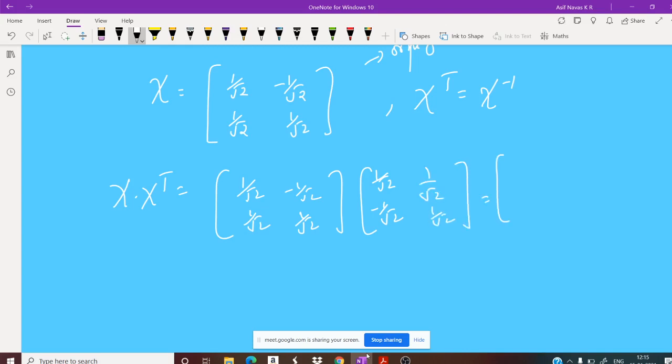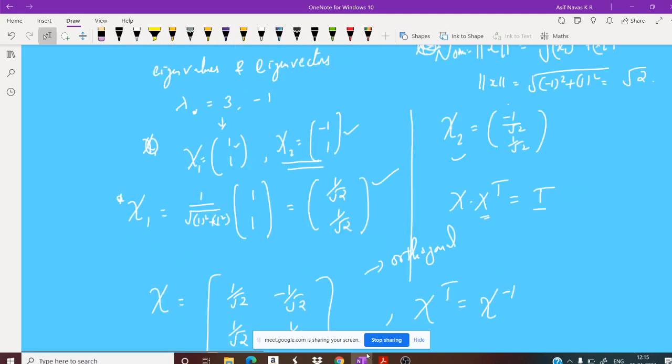If you multiply this, you get 1, 0, 0, 1. Therefore, X transpose is equal to X inverse. So have we got it? Is it clear this statement from this example?